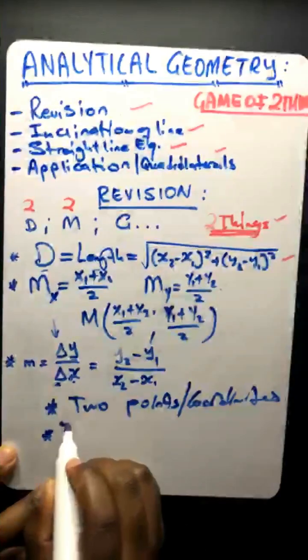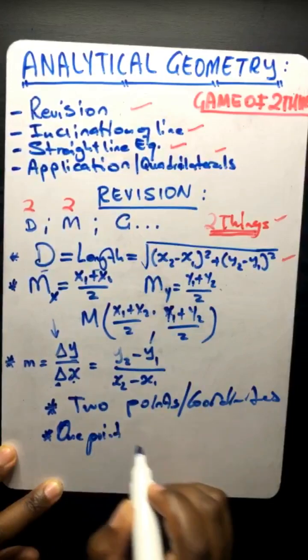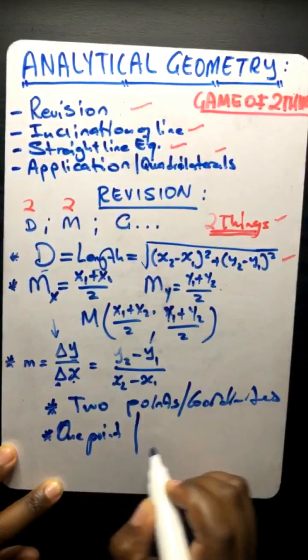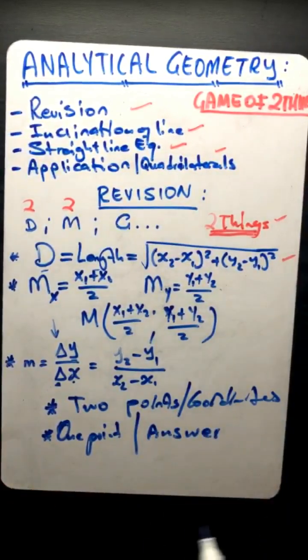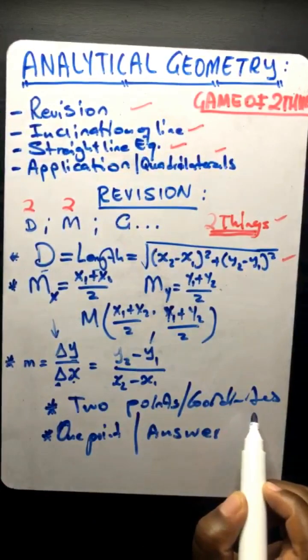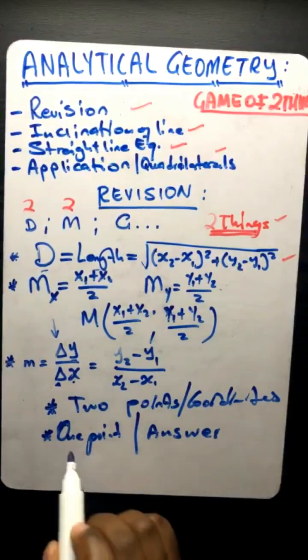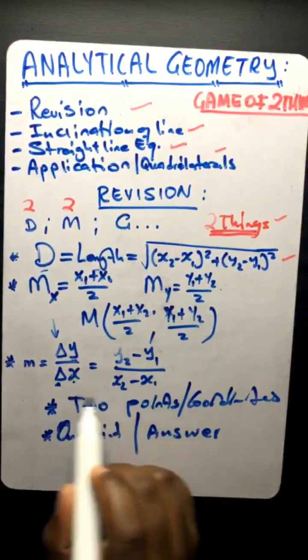Secondly, you might be given, let's say, 1 point and again the answer. Obviously, if you are given 2 points, it means they want the answer. But if you are given 1 point and the answer, that means they want you to find the other point.